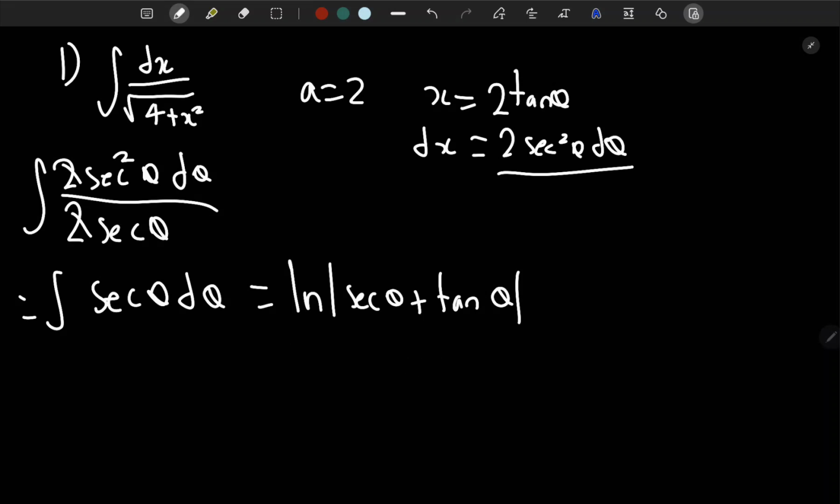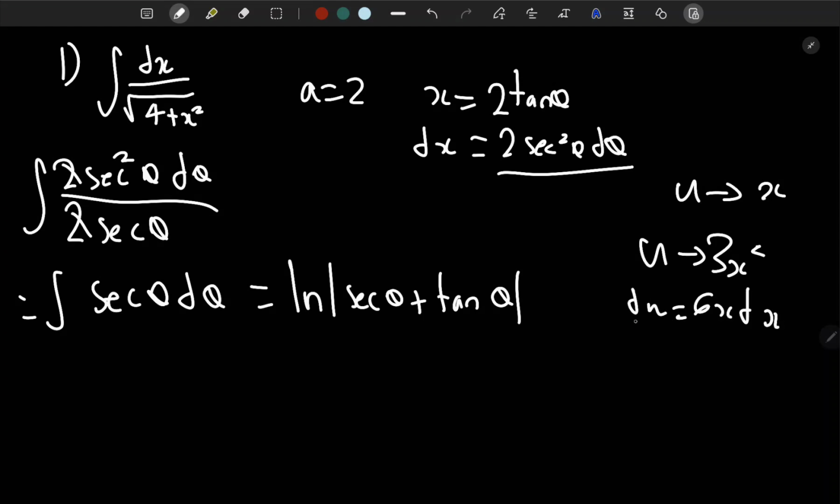The only issue which is left here, when we use u substitution, we normally substitute back whatever we substituted u as, right? So here we had substituted delta instead of x, right? So we somehow need to go back to x here, and the way to do that is, so normally you would do like u is equal to, let's say, 3x squared and du and blah blah blah dx, and then in the final answer you will substitute u with whatever you have here.